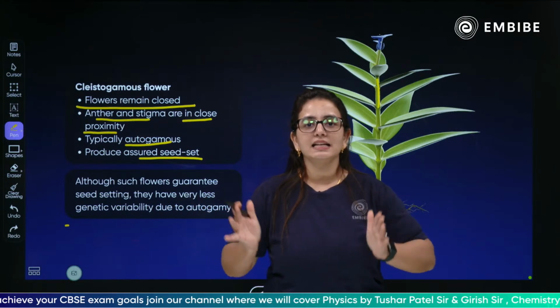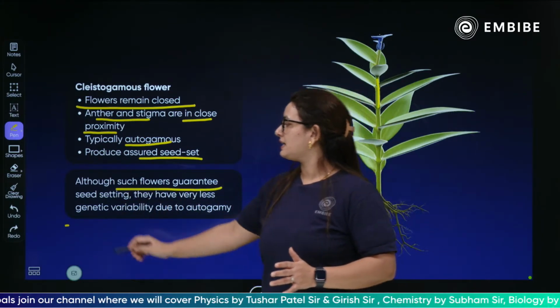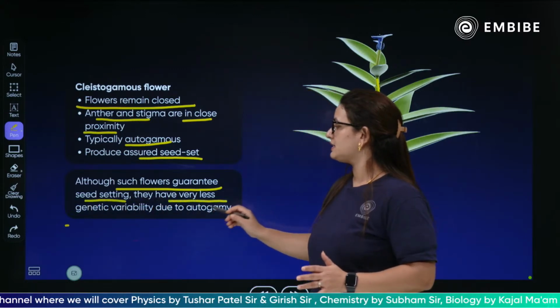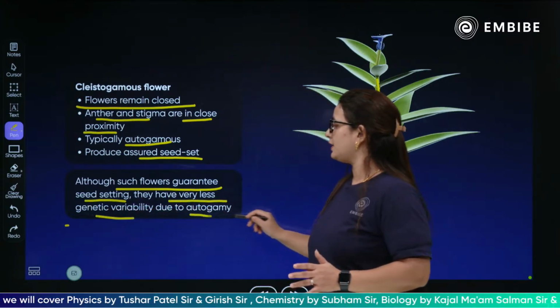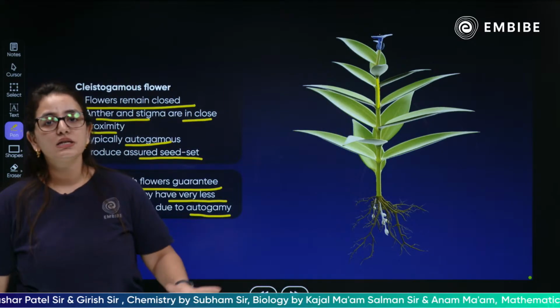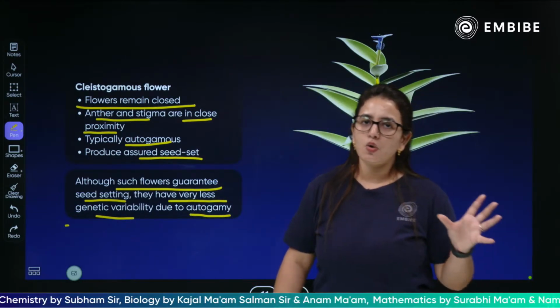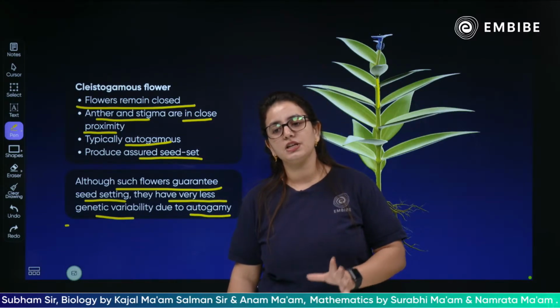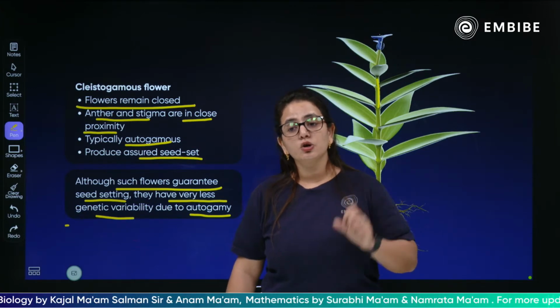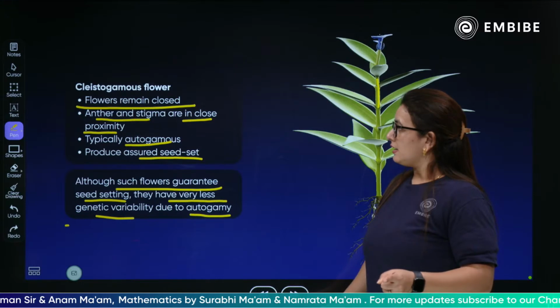That is the reason these flowers guarantee seed setting but have very little genetic variability due to autogamy. So chasmogamous flowers are open flowers, and cleistogamous flowers are closed flowers.